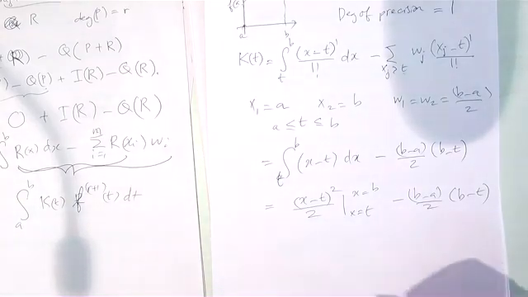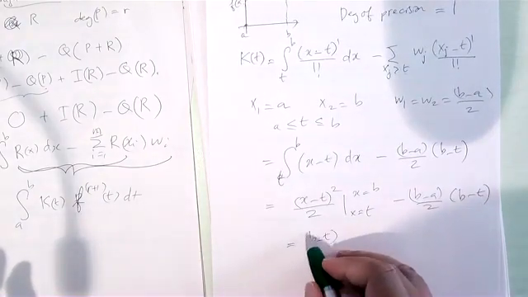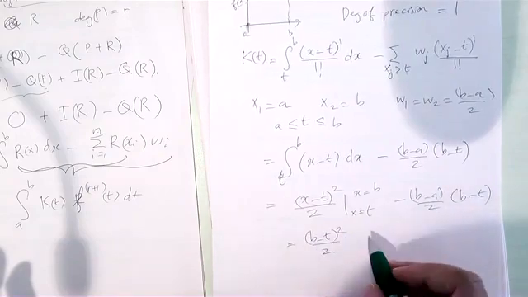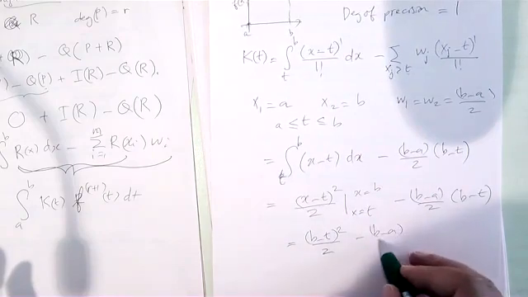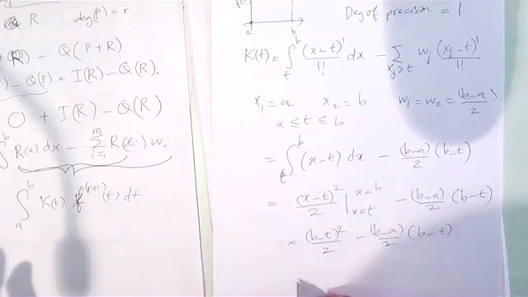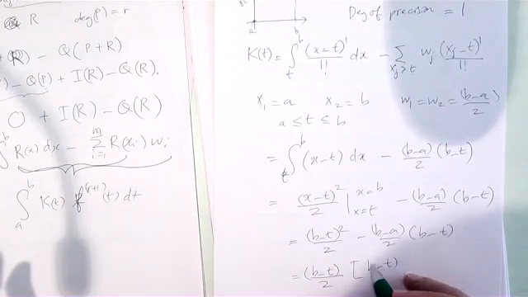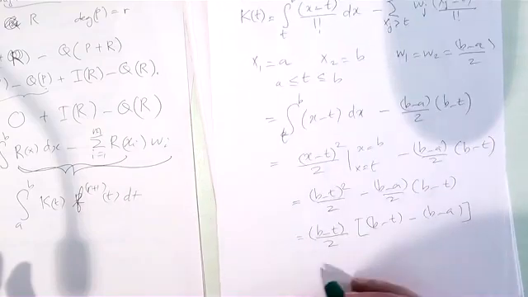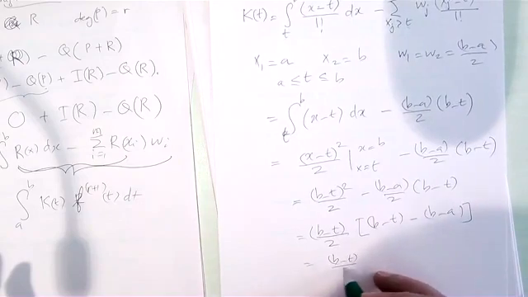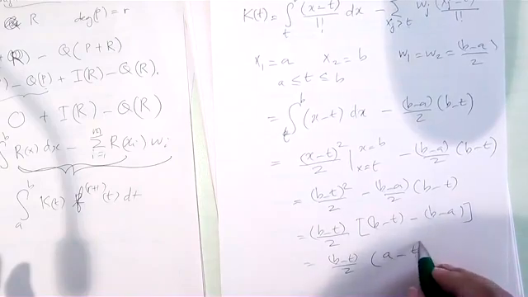Now if you put in x equal b, you have (b minus t) squared over 2, and if you put x equal t, you just get 0. So (b minus t) over 2 is a common factor, and you have b minus t minus b minus a. So this is just (b minus t) over 2 times, b minus b cancels here, so you get a minus t.